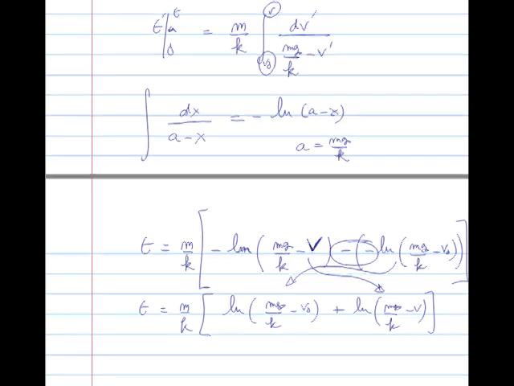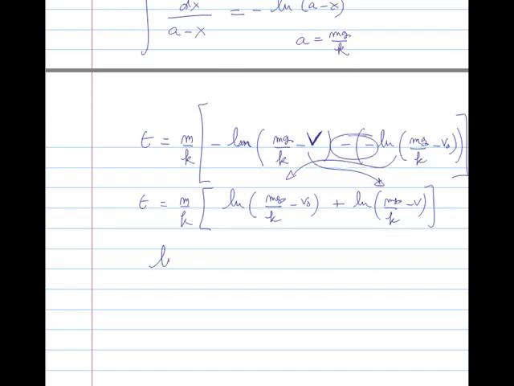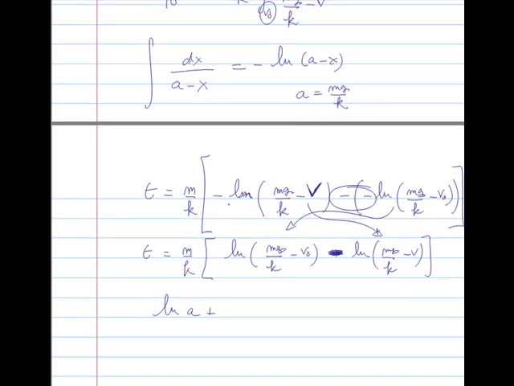Now I remember the properties of logarithms: ln a plus ln b is equal to ln ab, and similarly ln a minus ln b is ln of a divided by b.